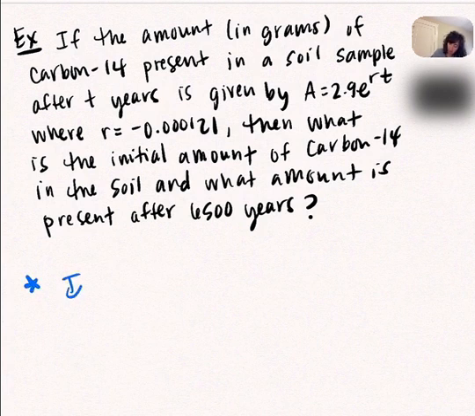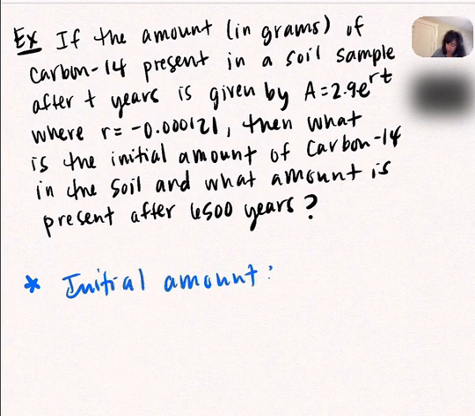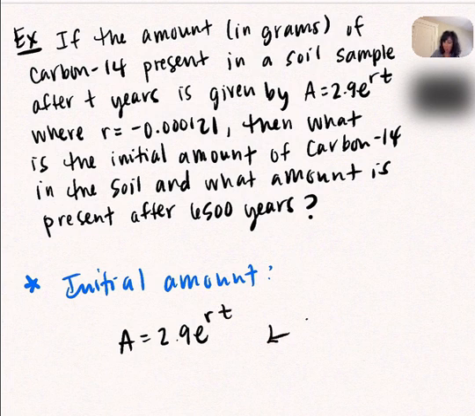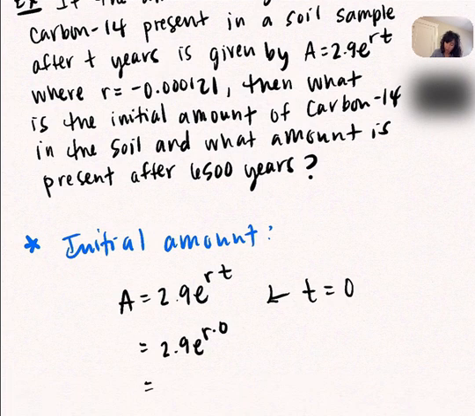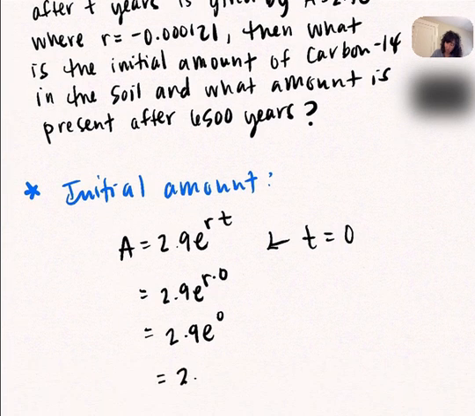Our initial amount: if we take our equation, A equals 2.9 e to the rt, and plug in t equals 0, which corresponds to how much we have when time is 0, we get 2.9 e to the r times 0, or 2.9 e to the 0, or 2.9 times 1, which is just 2.9.